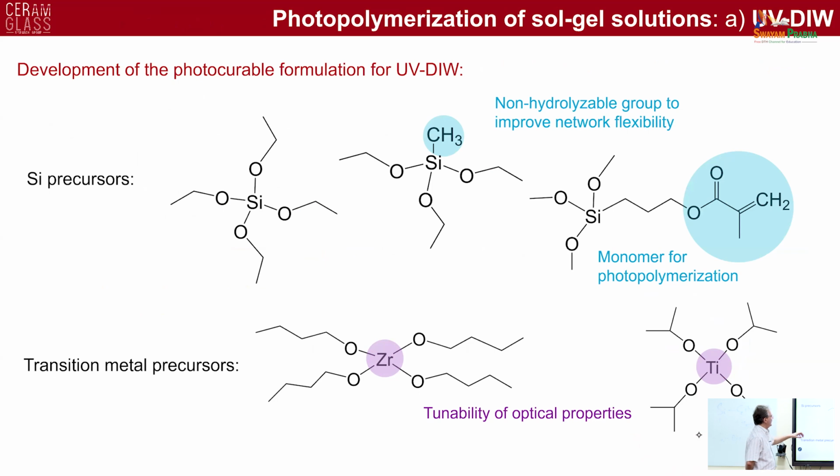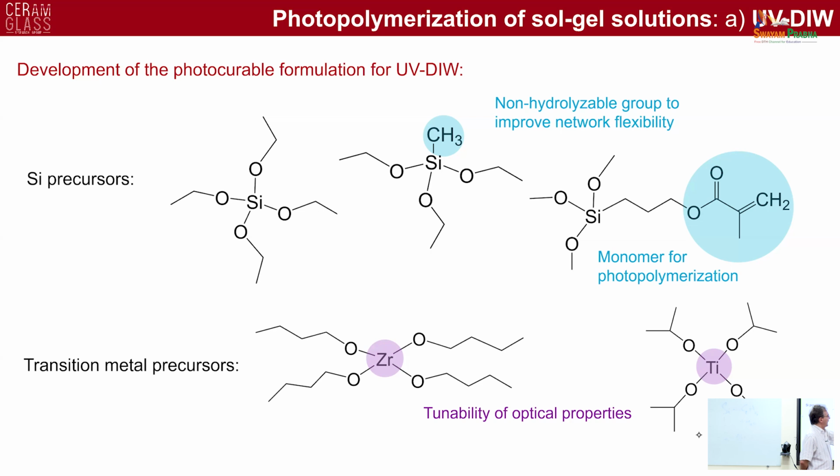So here you can see the silicon precursors that are in the system. We also added this modified alkoxide, because the silicon methyl bond provides flexibility to the gel network, so we can reduce the stresses within the network.